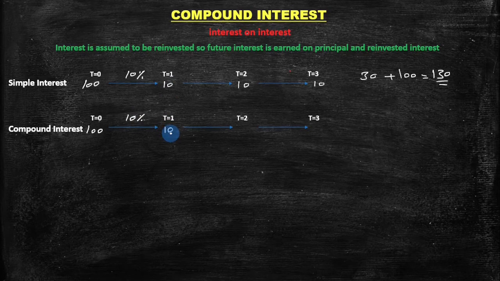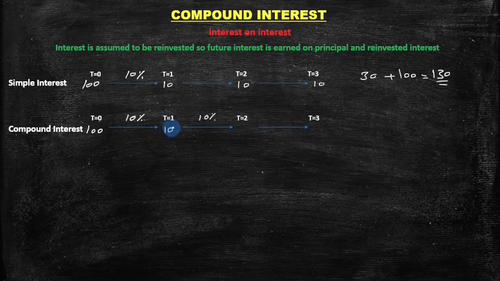Now, this is where it gets interesting after the first year. Here, again, we still have the 10% interest. But in the case of simple interest, we were calculating it based off the original investment. Here, our original investment is changing.